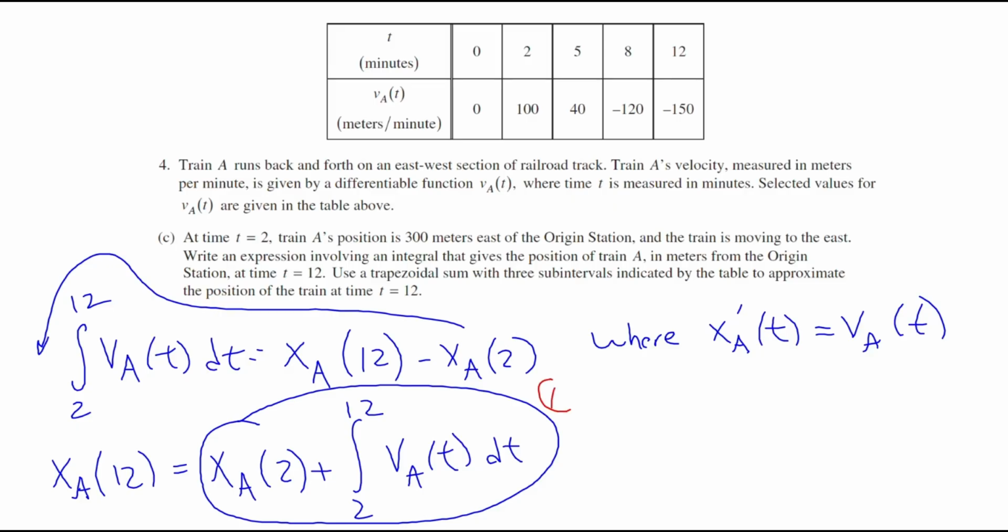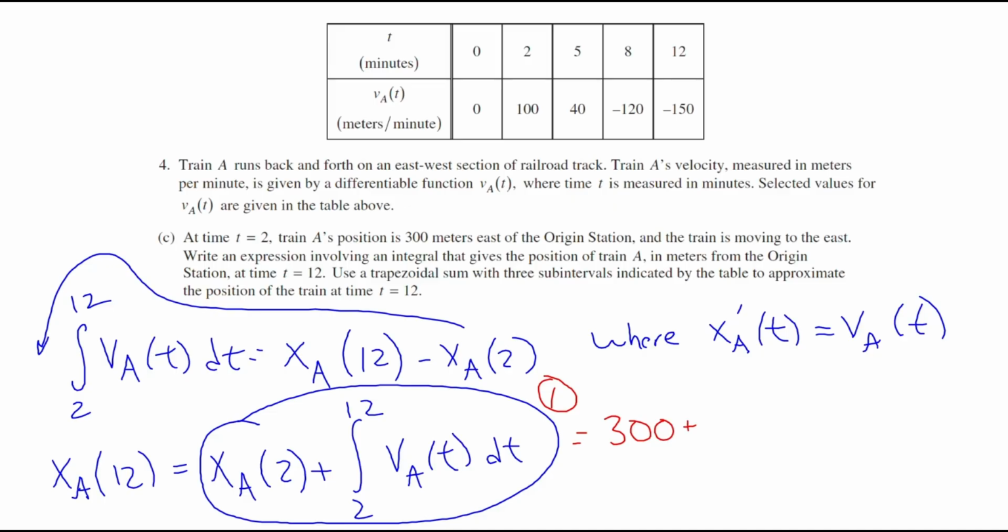And then they want us to approximate that integral using a trapezoidal sum, and then we'll add that initial position to it. So it was 300 meters to the east of the origin, which means that its position is going to be 300 at that time. So we're going to have 300, and then plus the trapezoidal sum.